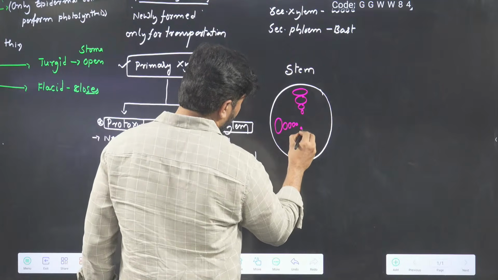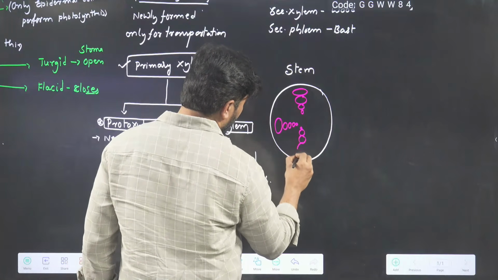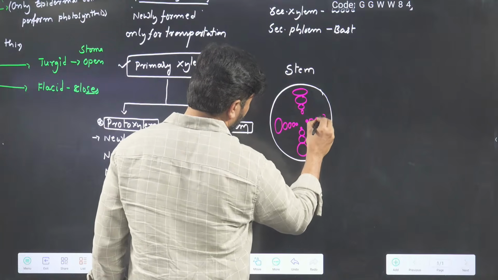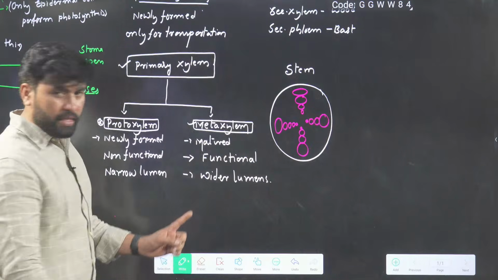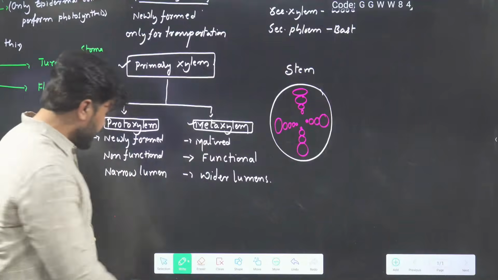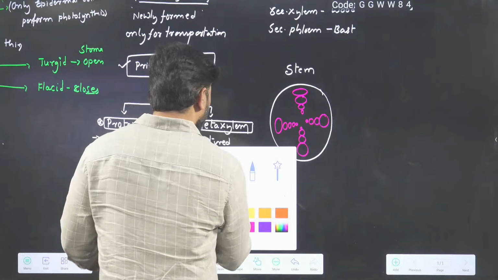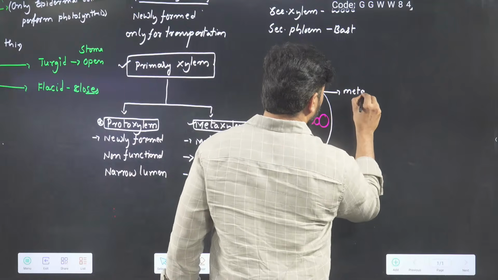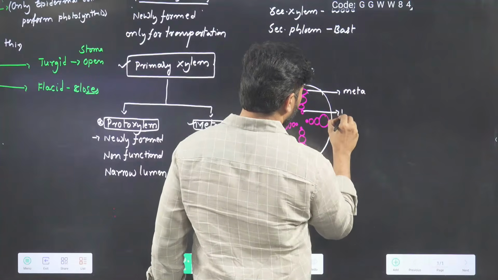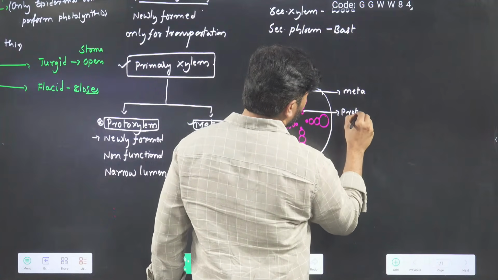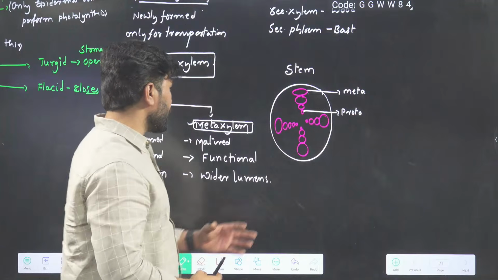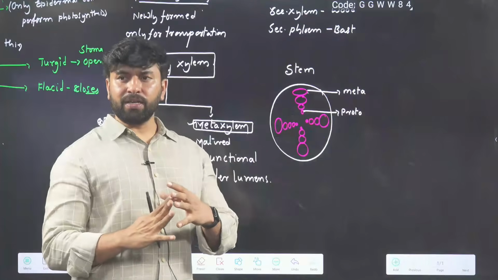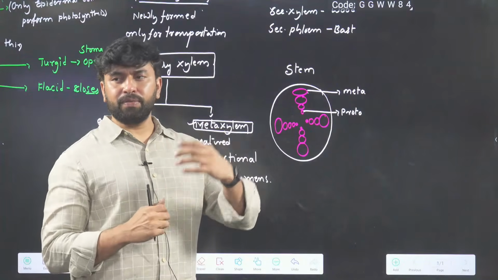Protoxylem, which has narrower lumen, is present towards the center. Observe this. In this arrangement, you have to remember this is metaxylem and this is protoxylem. Protoxylem has narrower lumen. Metaxylem has wider lumen. Who can conduct water? Majorly metaxylem will conduct water.